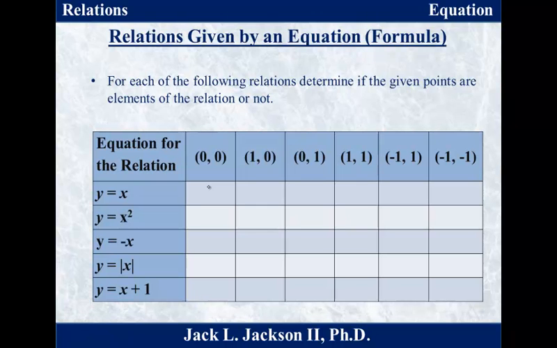If it makes that equation true, then it will be an element of that relation. It will be in the table for that relation, and on the graph for that relation. If it makes it false, then put no in that blank. Go ahead and fill out this entire table. Press pause now.